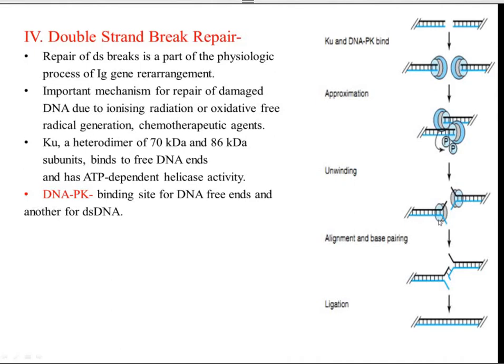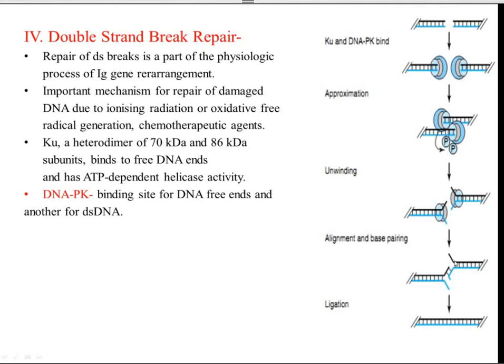Once this has happened, these are the two loose ends. Now this DNA and this DNA strand will both align themselves like this, and complementary base pairing between these two will take place. Now these are the loose ends.